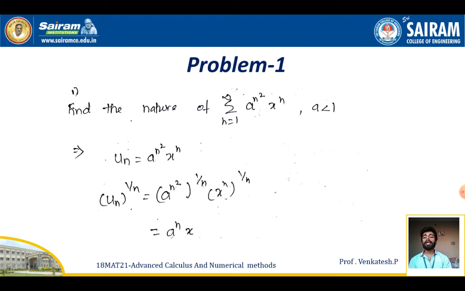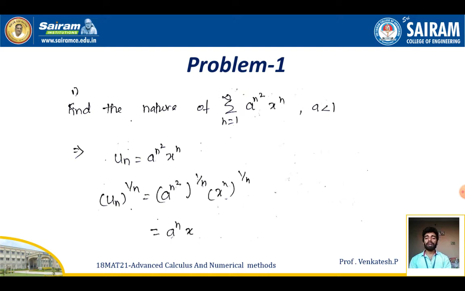So I will get un power 1 by n is equal to a power n square whole power 1 by n times x power n whole power 1 by n. In a power n square whole power 1 by n, one n term gets cancelled. In x power n whole power 1 by n also one n term gets cancelled. So I got the equation a power n times x.